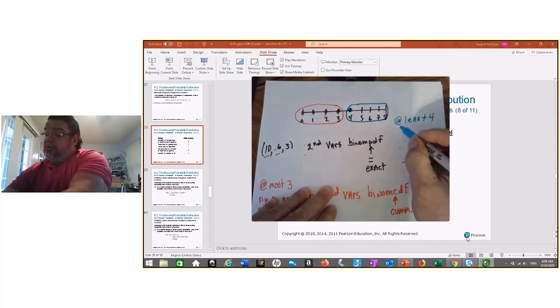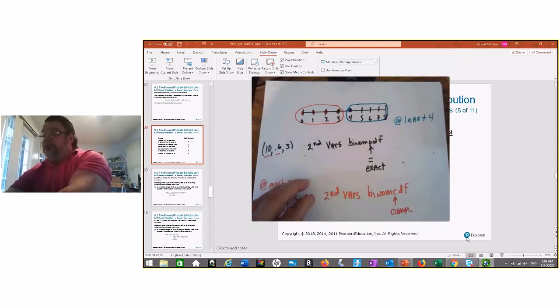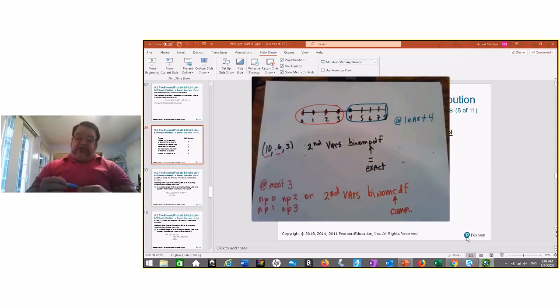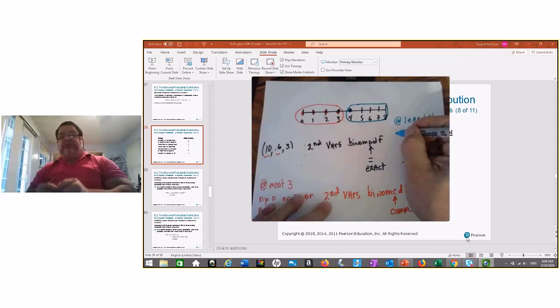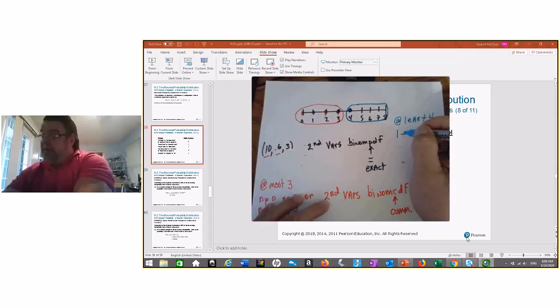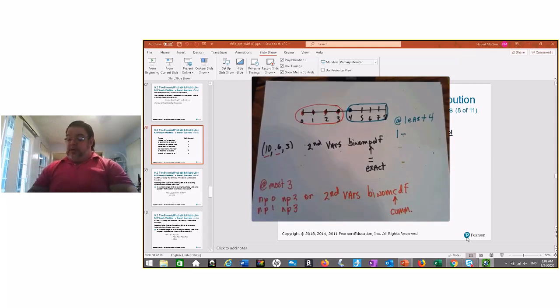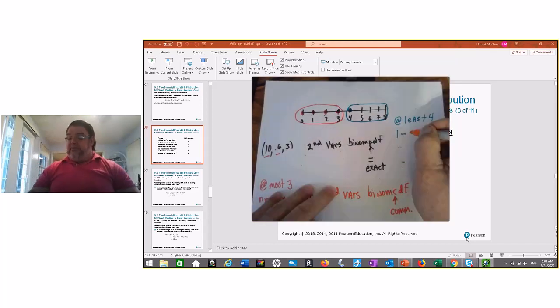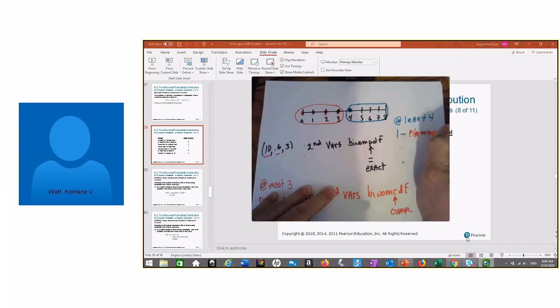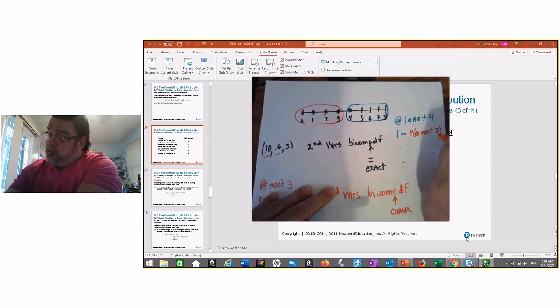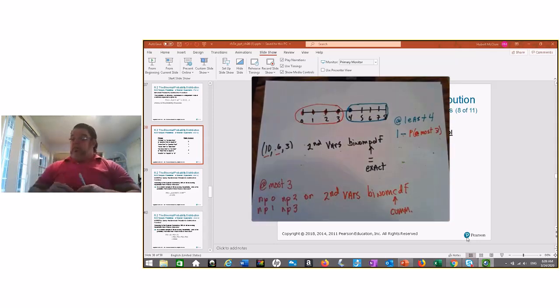Well, I could do NP4 plus NP5 plus NP6 plus NP7 plus NP8, or I could do 1 minus the probability of at most 3. We went over this, right? So those are the 3 types of problems you will have with NPX.